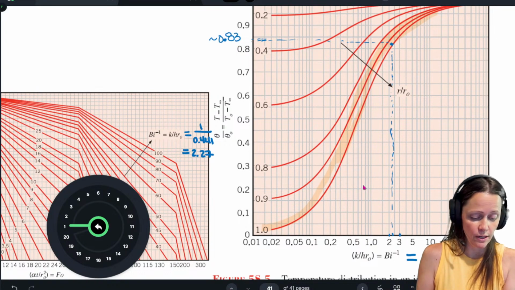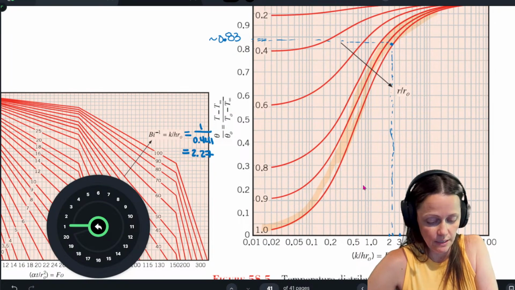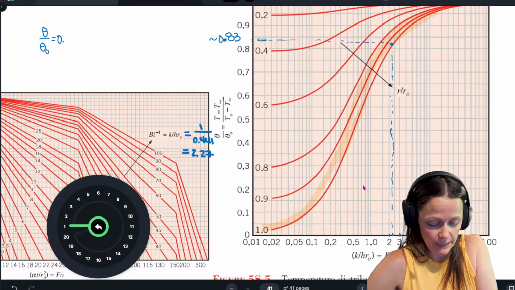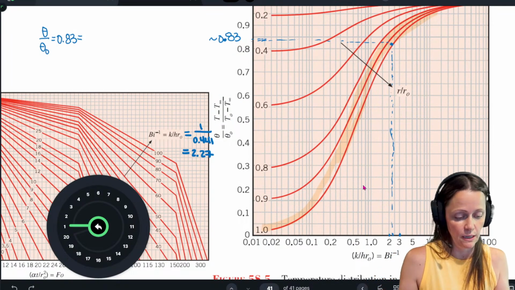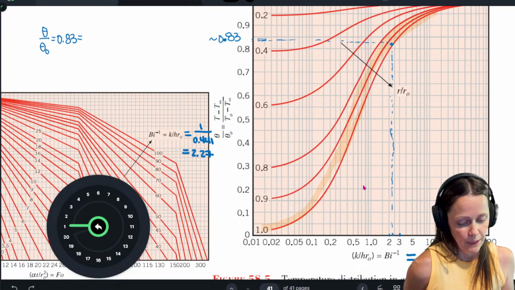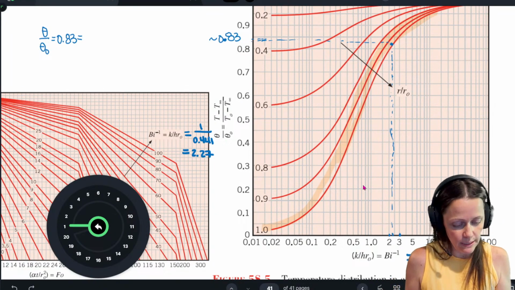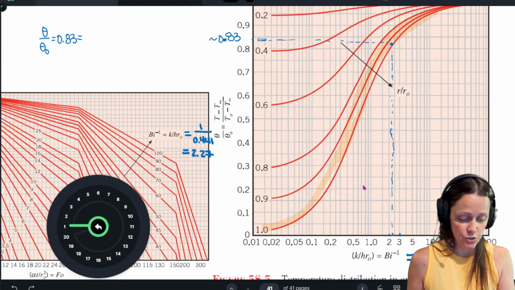Well, now I know theta over theta naught is equal to 0.83. And so now it looks like I could probably just solve for T naught at this particular time, right? So the T here is the temperature at the surface.